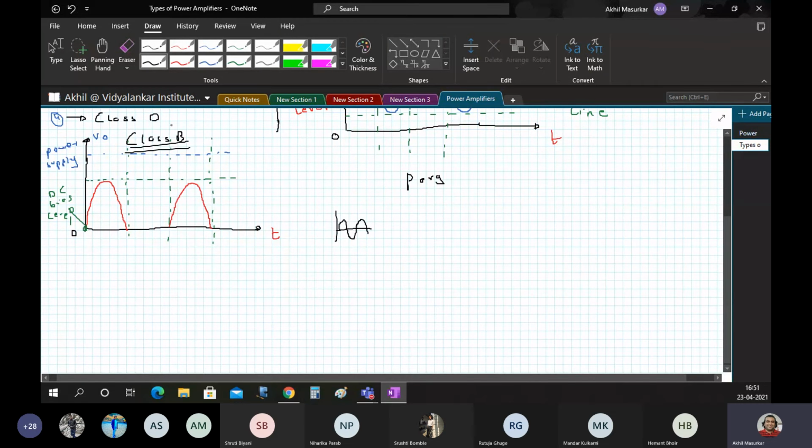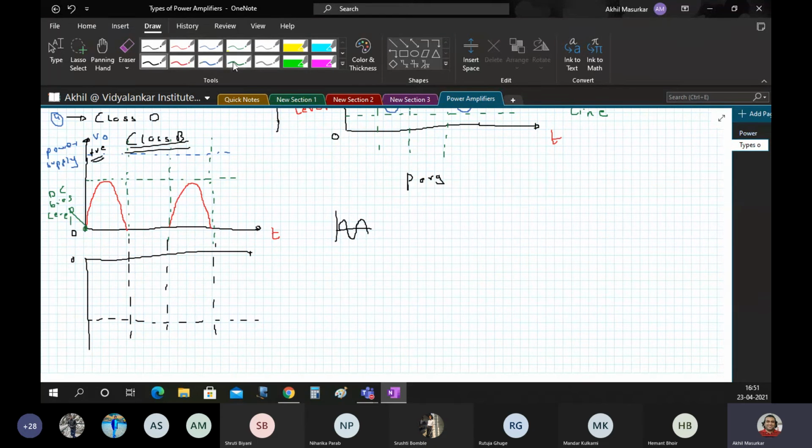That means instead of one power supply, we will use two power supplies. One will have positive VCC, another one will have a negative VCC. So this is 0, and here we are having a negative VCC.